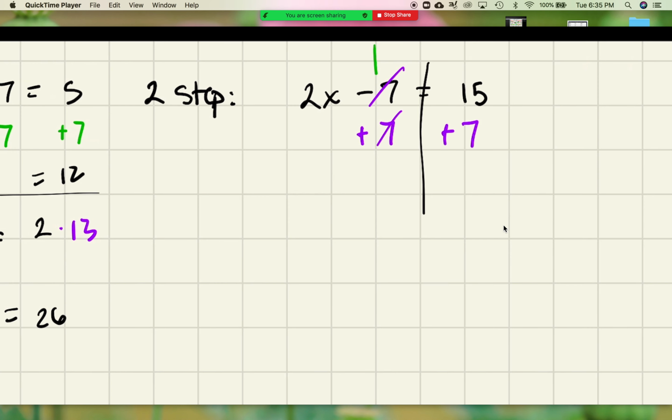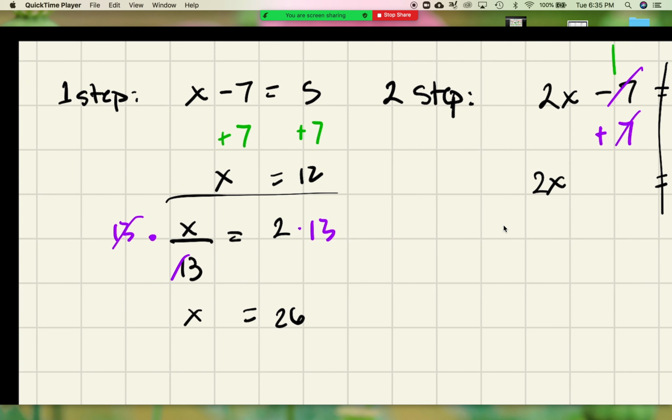And then those go away. Same thing as before, except now you're copying down, just leaving that alone, and copying it down again. And so 15 plus 7 is 22. And then now you treat it like a one step. You already did the first step, so now you're doing the second step.